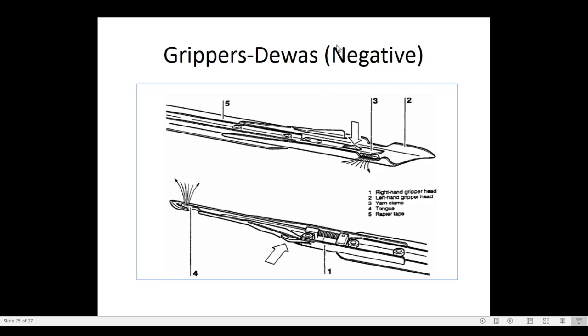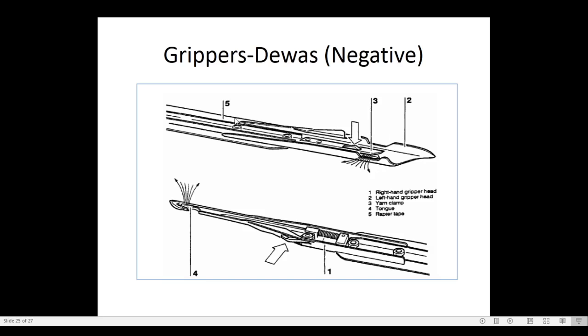So here we will see what is a negative rapier and a positive rapier, and always we have seen that flexible rapiers are negative. This is the left hand rapier head, and this is the flexible rapier, and both together are called the left hand rapier. And this is the right hand rapier, head plus tip.